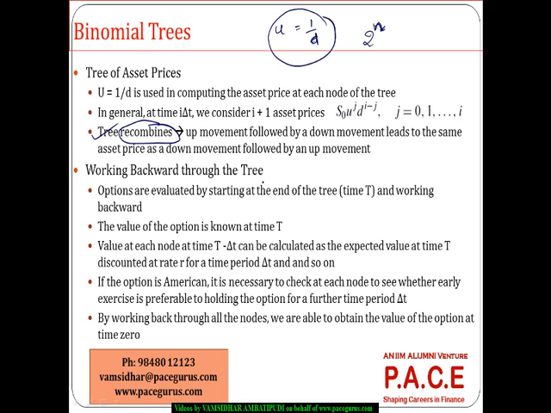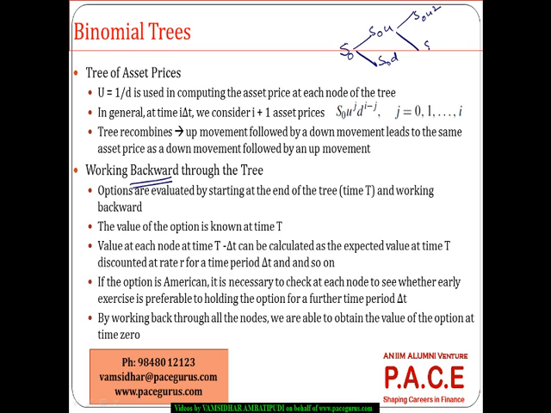Now what do we do when we work in terms of valuing the option using the binomial tree? I work backwards throughout the tree. So I look at the end of the tree: S naught U, S naught D, S naught U squared, S naught D squared. Let's say it is a two-step tree.